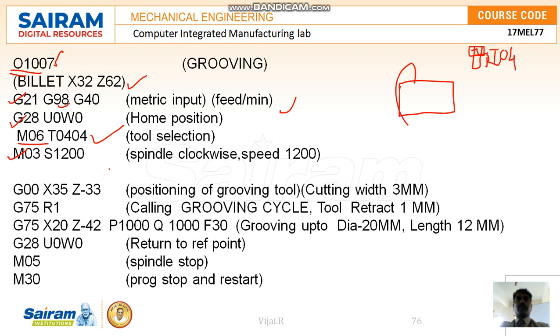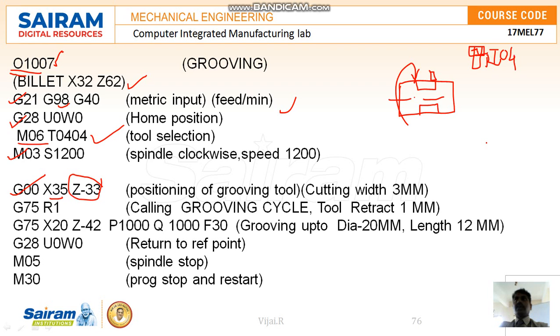Now bring this tool to this area where I want to make the groove. So I am bringing the tool to this position, that is X35 Z minus 33. Why Z minus 33? We are going to select a tool with a cutting width of 3 mm, and it will be located at this area.